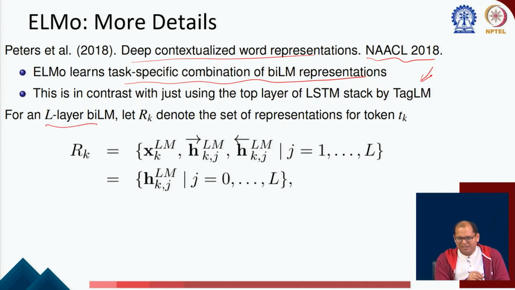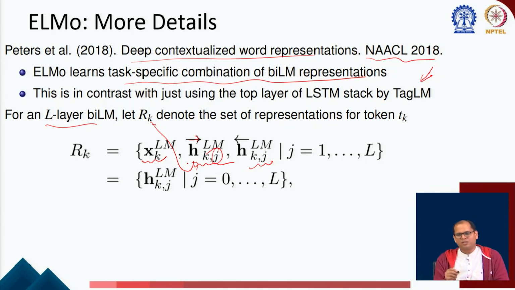So you have an L-layer bidirectional language model, and let's say you have the embedding and the hidden states, both forward and backward direction. So k denotes the token t_k and j denotes the layer j, right.